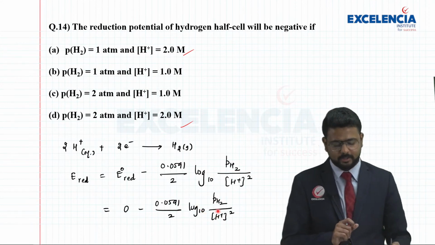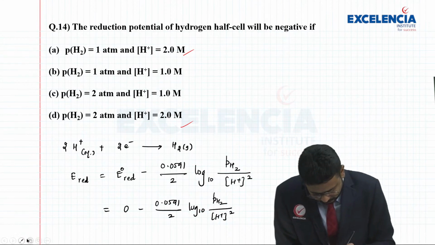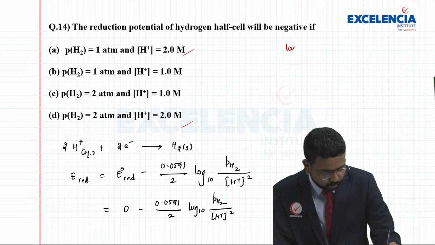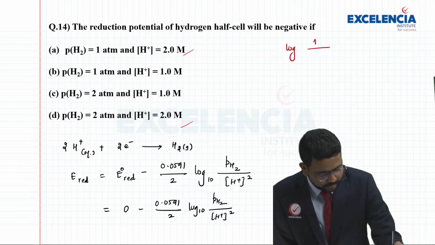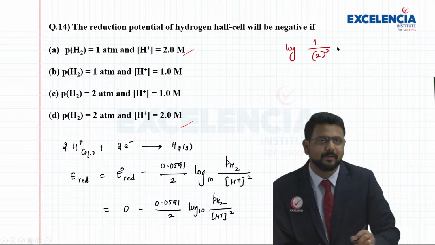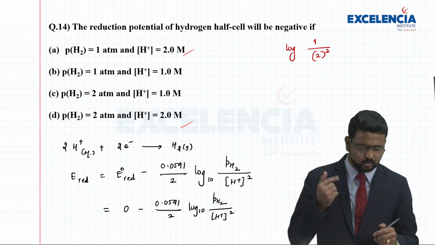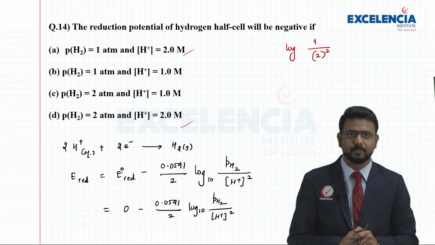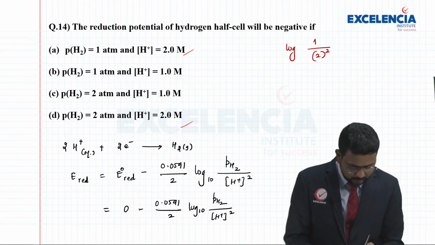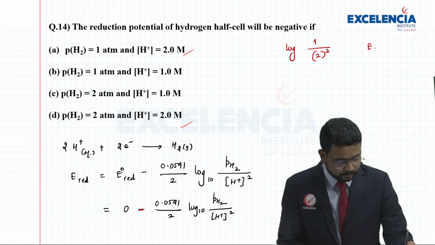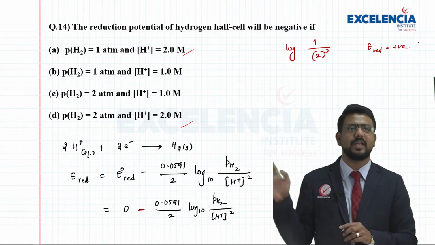If you look at the first one here, the pressure of hydrogen is given as 1, so I will put it as log of 1 over 2 squared. Definitely here the denominator is higher compared to the numerator, so this value is coming out to be negative. And if this is negative, negative will become positive. So in this case your E reduction will come out to be positive. So definitely option A cannot be the answer.